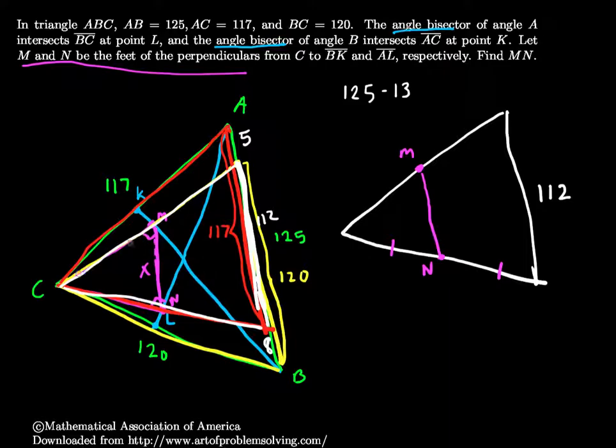The same holds for that yellow isosceles triangle, so these two sides are congruent, which means that this is a mid-segment of this triangle, meaning that x times 2 will equal this entire side, 112. Another way to say it is this length is half of 112, which means that x is 56.